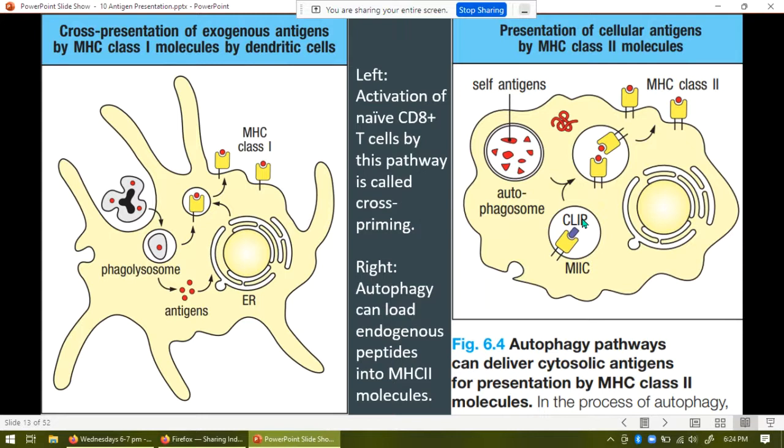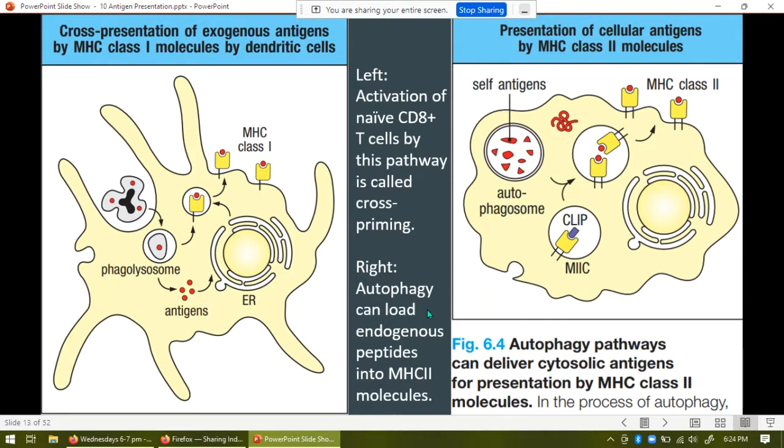Now on the right, there's another thing that can happen, and in this case, it's an interesting thing about MHC2. Normally, we think that MHC2 can only take proteins from outside the cell, right? MHC2 is loaded only with things from outside the cell. That is not always the case.